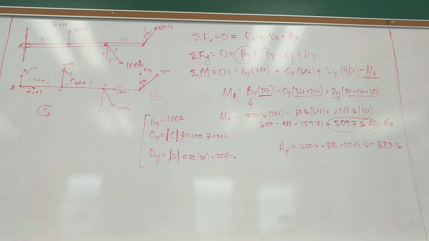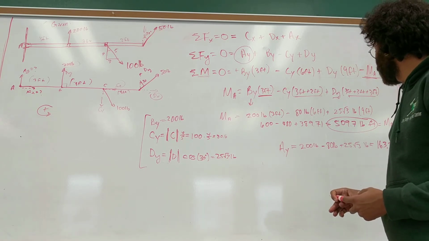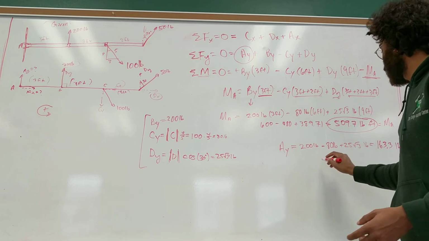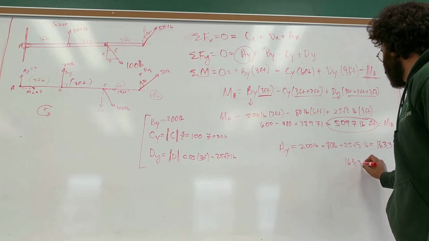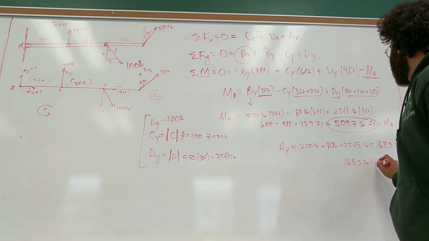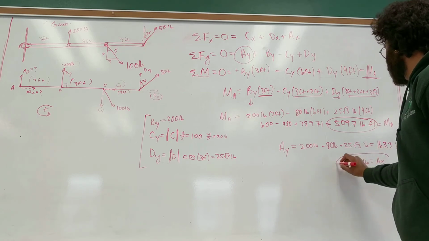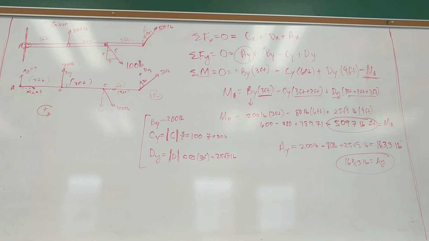So now we have two things. I'm going to circle them, so we got 163.3 lb is equal to AY, and then there it is, right?